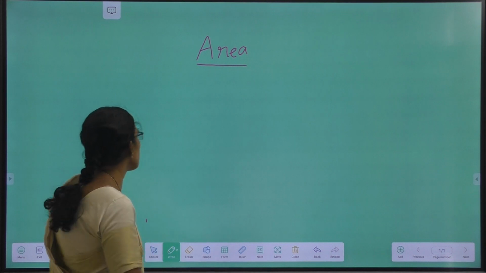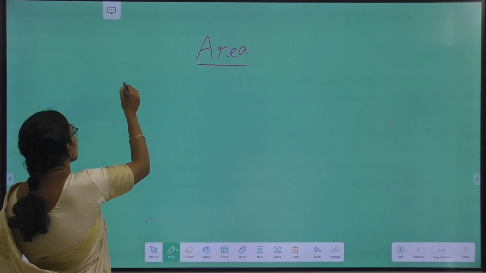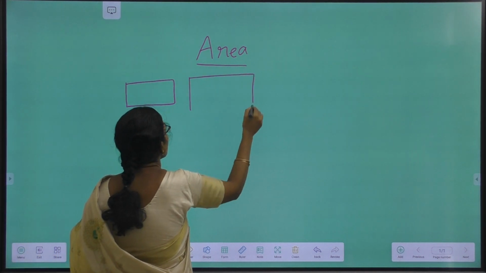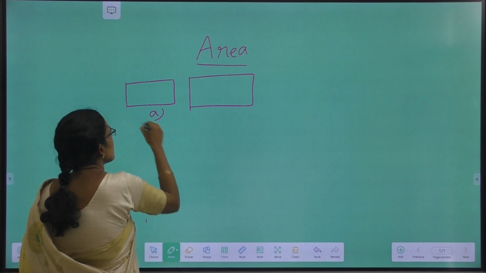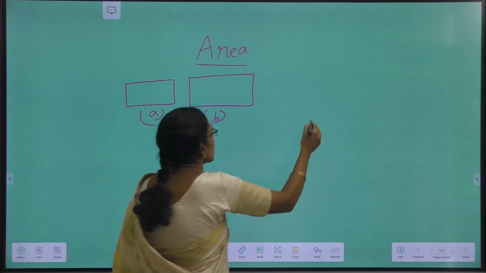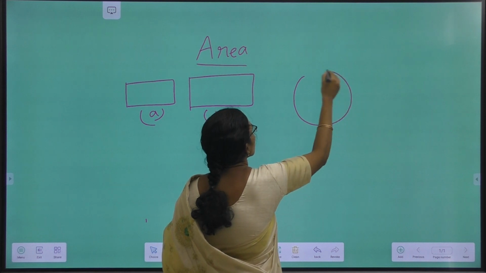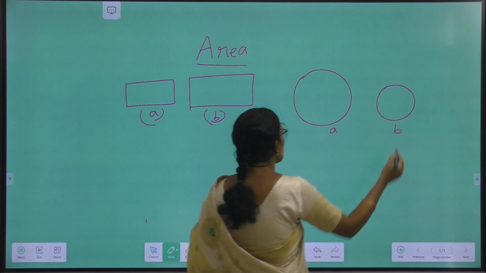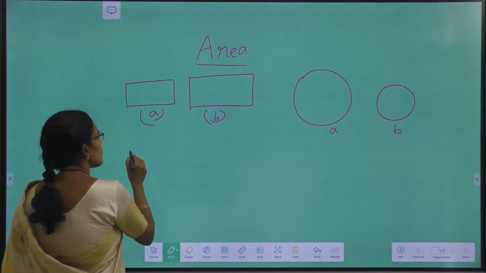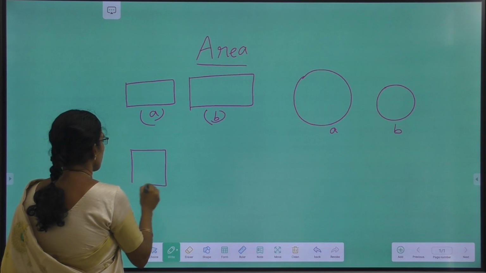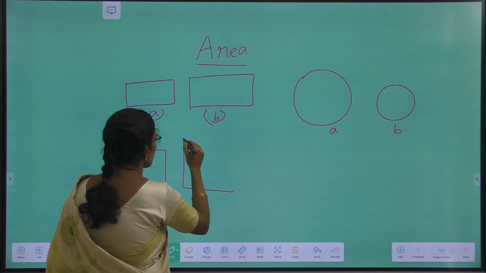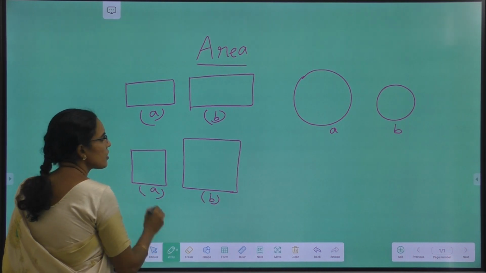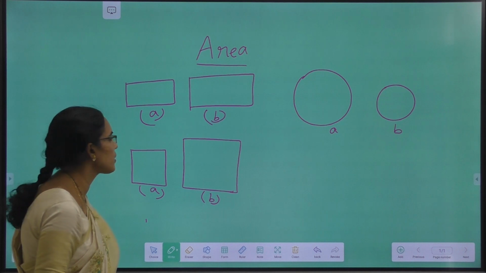Suppose, look at the closed figures which I am drawing. Suppose this is A and this is B. Now if you observe these closed figures, can you tell, children, which one occupies more region, more space?